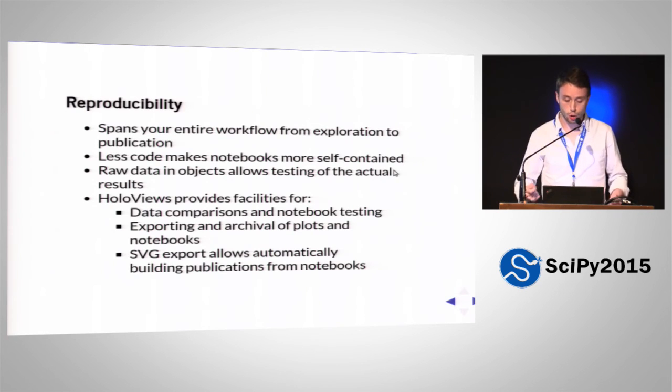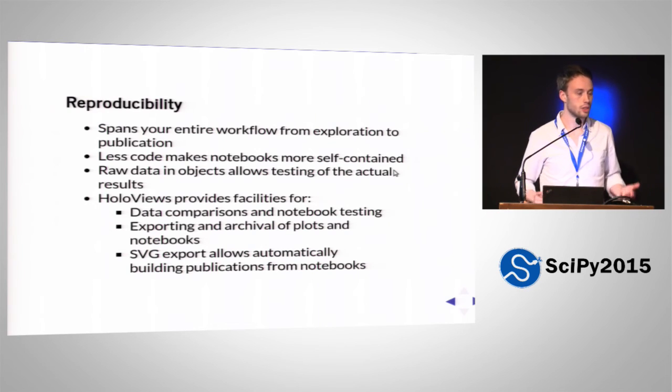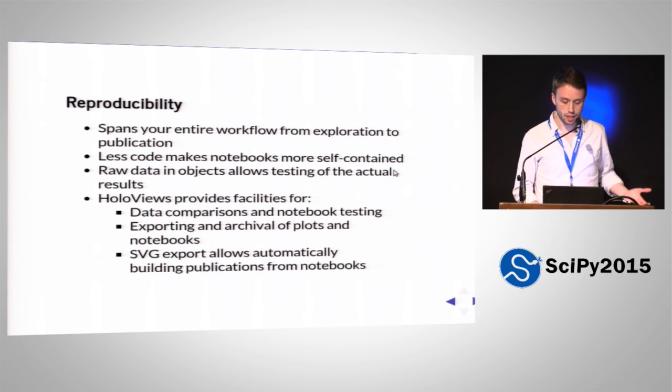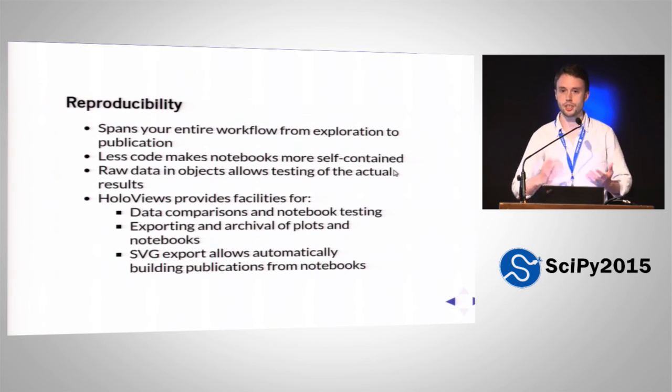The raw data is always accessible, and HoloViews provides facilities for data comparisons and notebook testing. So all the notebooks on our website are actually tested daily to ensure nothing changes. We allow exporting and archival of plots and notebooks. We can export to SVG, which means that you can initially explore and then export everything to SVG and actually embed it into your final publication.